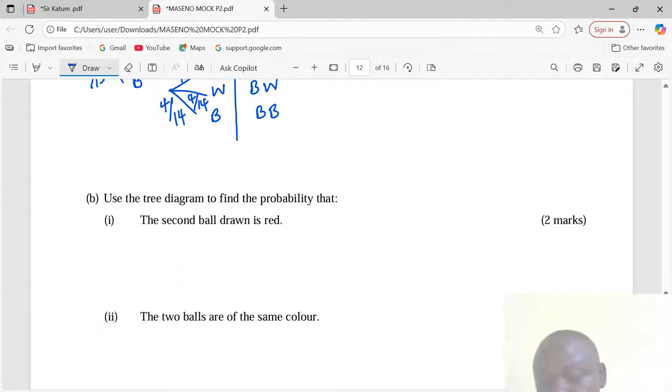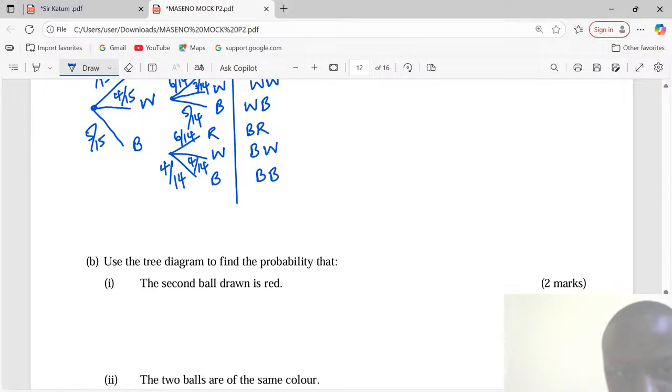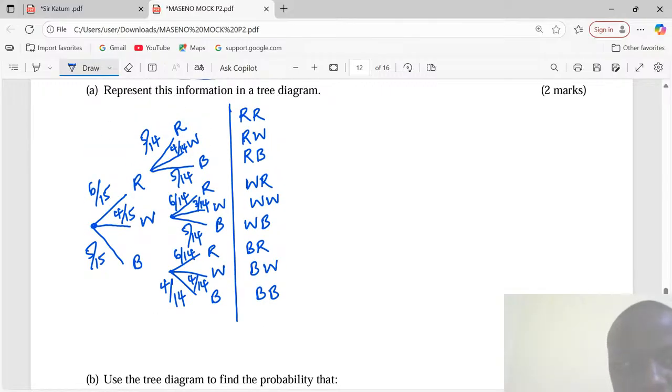Check now the questions. Part B, use the tree diagram to find the probability that the second ball drawn is red. The probability that there is a red at the end. Look at this, we want the second being red.